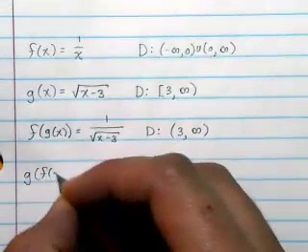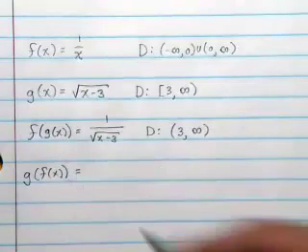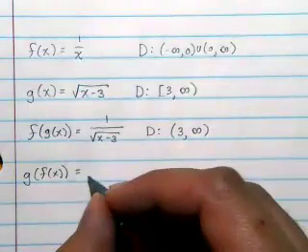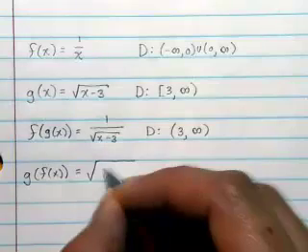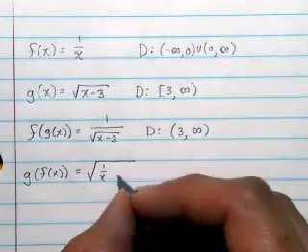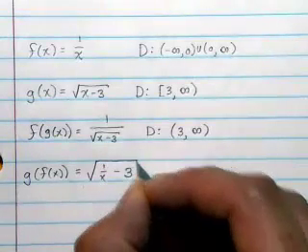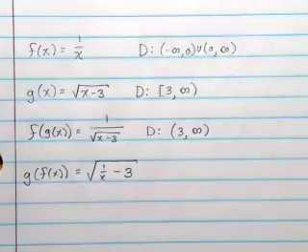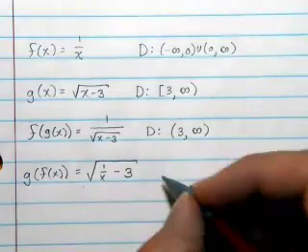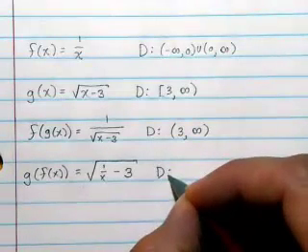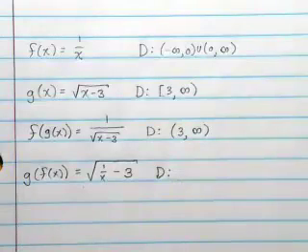Okay, the other way, g of f of x. So now I'm going to have the square root of 1 over x minus 3. And can I simplify that thing at all? Not really. Nope. So again, just take a look at what you got, analyze it. What numbers will work in there?